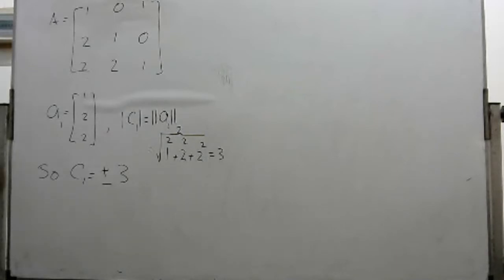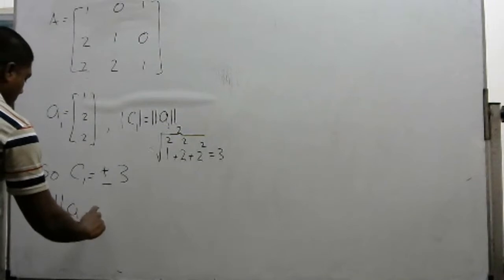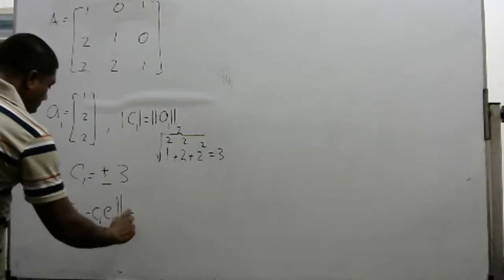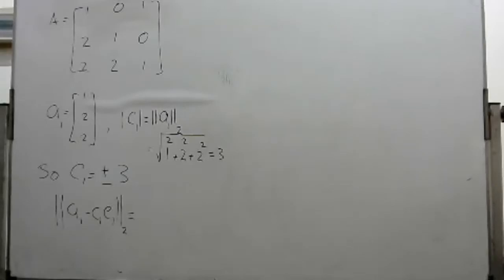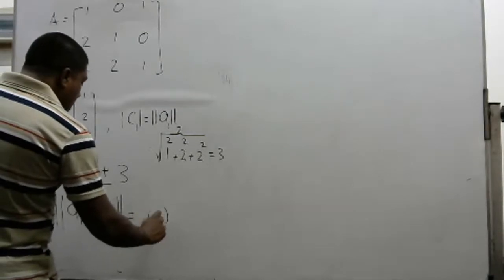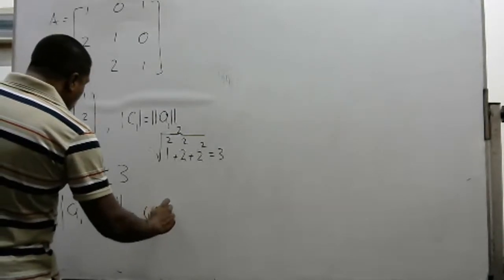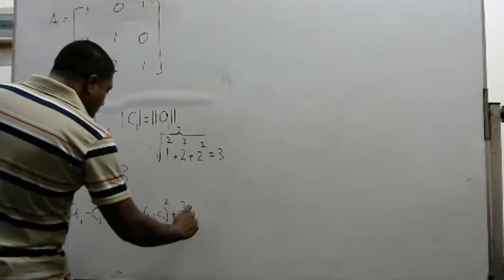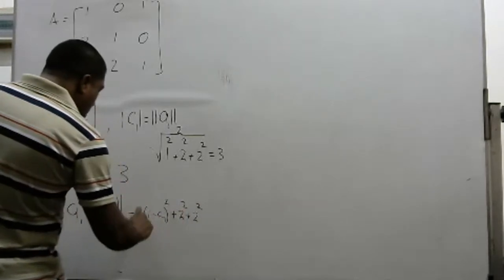Here, the 2 norm of A1 minus C1 E1 is the square root of (1 minus C1) squared plus 2 squared plus 2 squared.